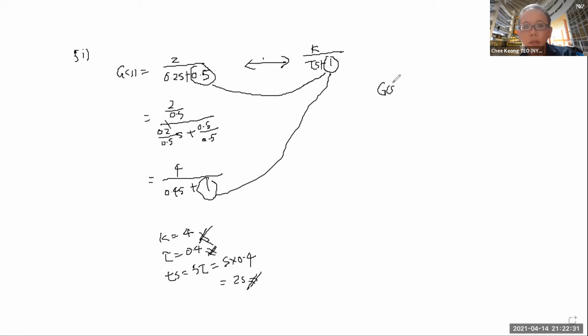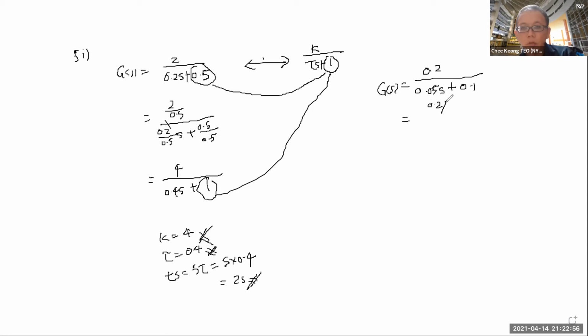G of s is basically 0.2 over 0.05 s plus 0.1. Again you need to compare to the standard form and make the constant term equal to 1, so we repeat the same old thing.